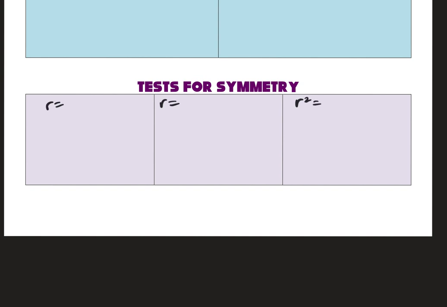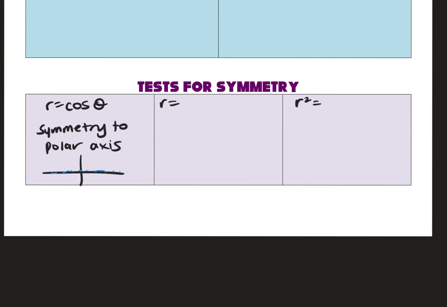If it's an r equals and it has cosine in it, all right, so if it's a cosine, then it has symmetry to the polar axis, which means I can fold it along the x-axis, because we now call that the polar axis, and it would be symmetric, so top to bottom.